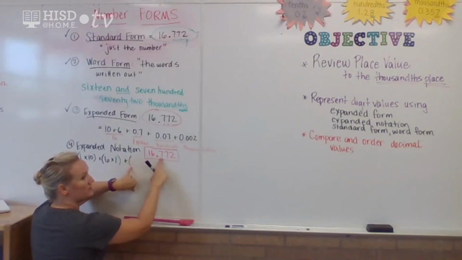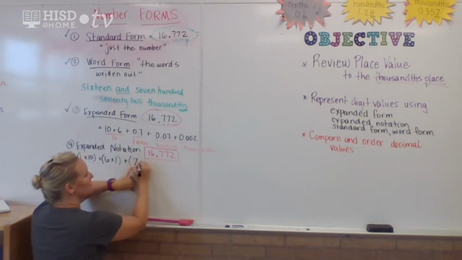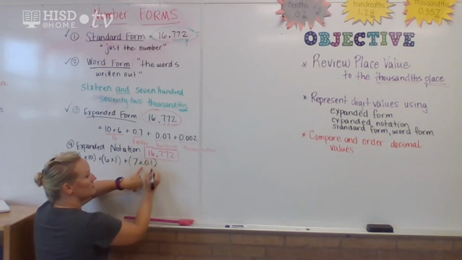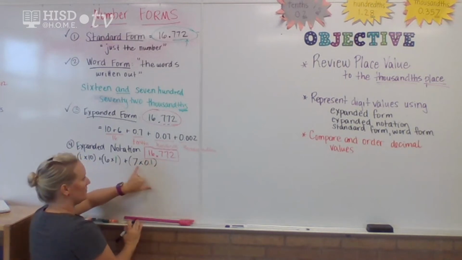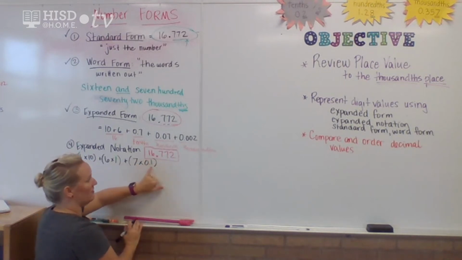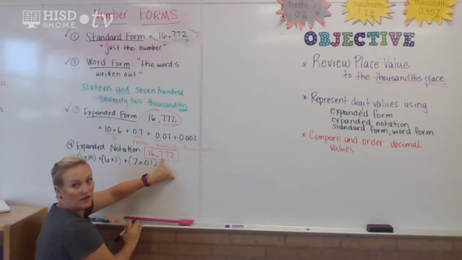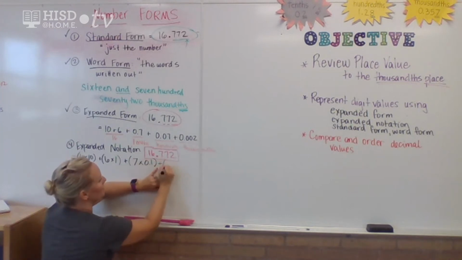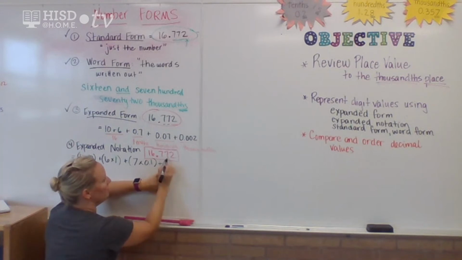How many do I have in the tenths place? 7. So I'm going to say 7 times the tenths place. See? 7 times 0.1 would be 0.7, which would be the number represented here. Let's keep going. How many do I have in the hundredths place? Another 7. So 7 times the hundredths place.